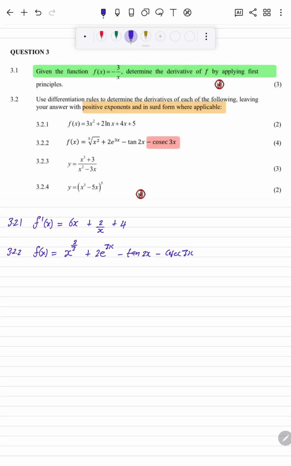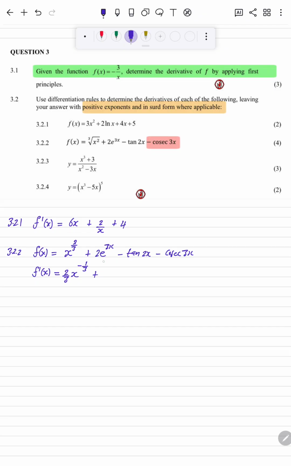Okay, now all of these things are ready. Now I'm not going to write an equal sign, but rather I'm going to say f prime of x equals. For this, I'm going to drop the exponent, so I'm going to drop 2 divided by 3. Then from 2 divided by 3, according to the power rule, I'm going to subtract 1, and that will give us negative 1 over 3.